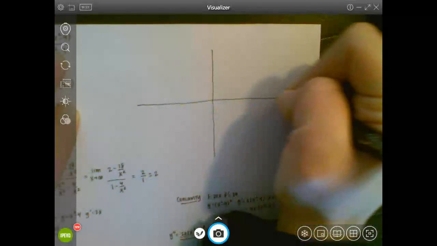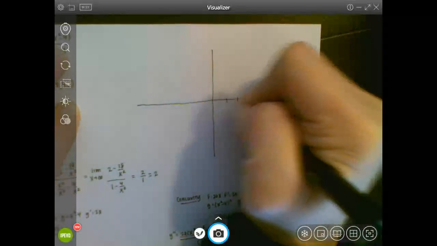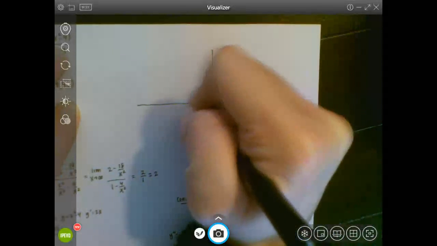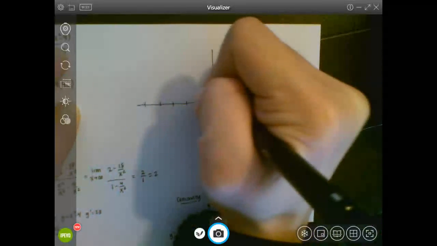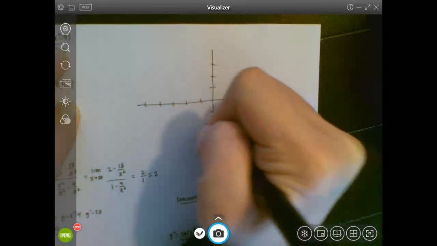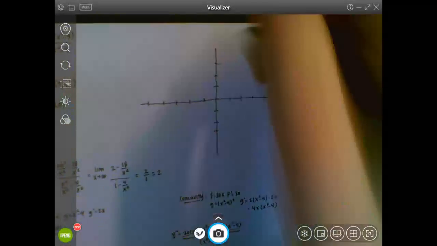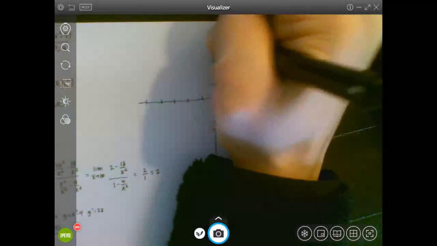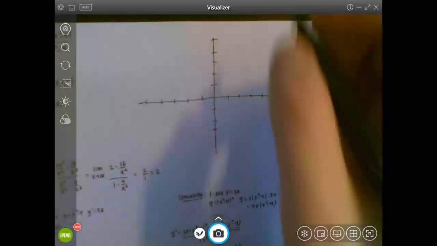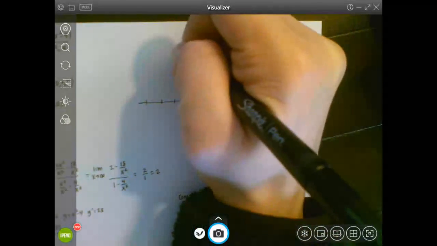All right, so let's take a look to see what this graph is going to look like. This one will look a little bit different than our first example. I know I have vertical asymptotes at plus or minus 2.